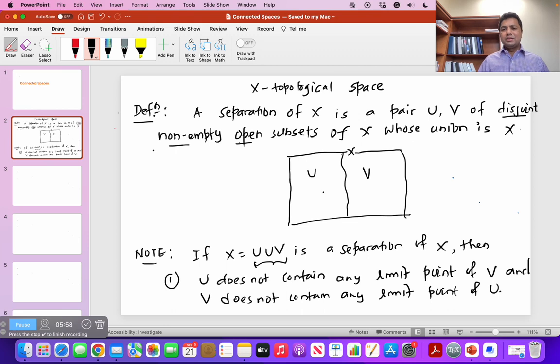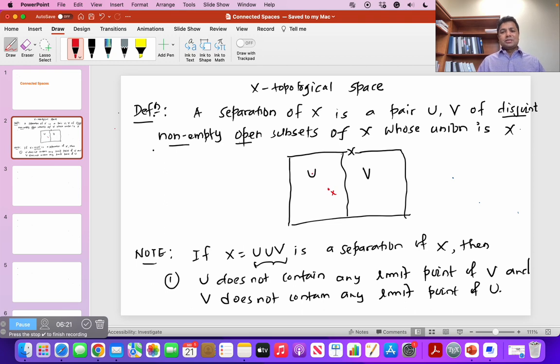For example, let's say U contains a limit point of V. Let's say this x is a limit point of V. Then that's going to be a contradiction, because if x is a limit point of V, every neighborhood of x should intersect V at some point other than x.